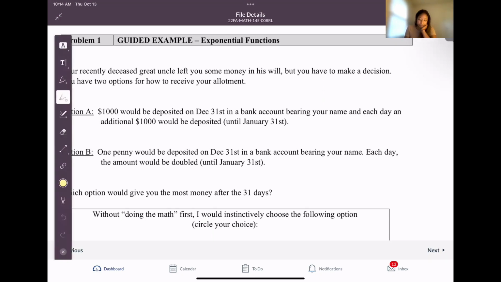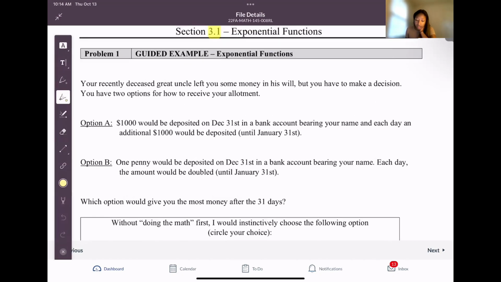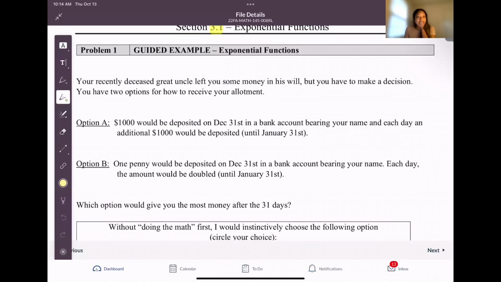All right. So before we calculate anything, you have to decide, and I'm going to ask you to share with me in the chat. There's not necessarily a wrong answer, but which option would you choose? Would you want $1,000 and then an additional $1,000 every day, or 1 penny and then the amount is doubled every day?